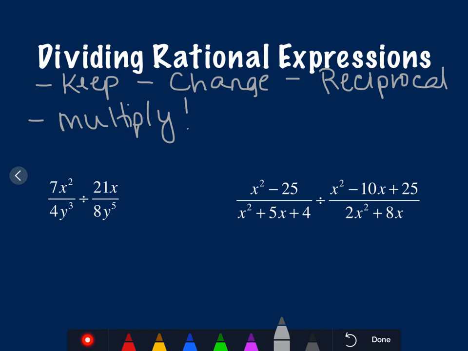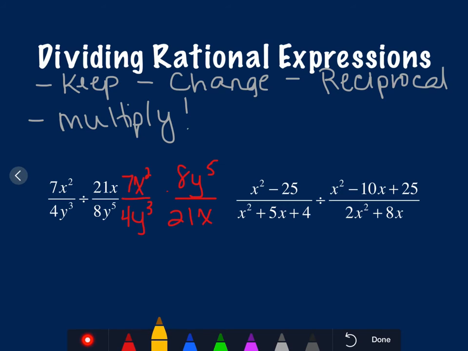Then we have a multiplication problem that we already know how to simplify. So my first problem here is going to be rewritten as 7x squared over 4y cubed times the reciprocal of the second fraction, 8y to the 5th over 21x.